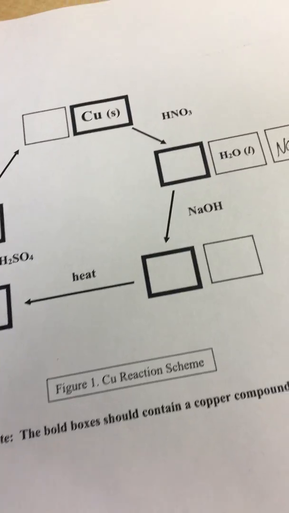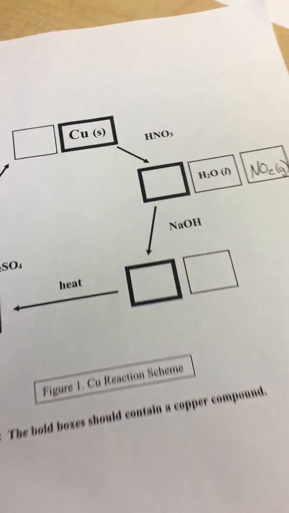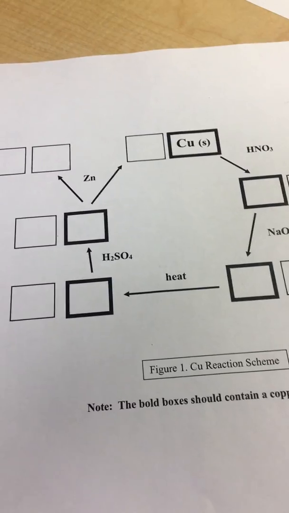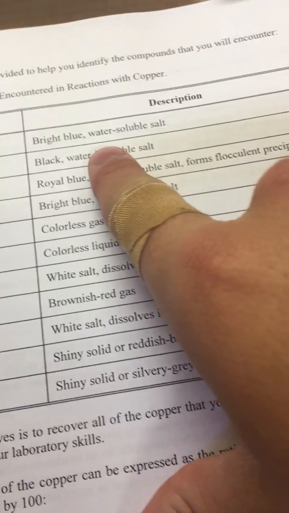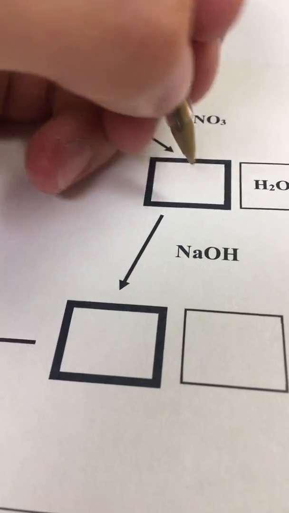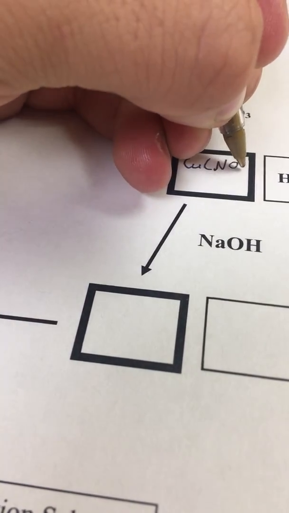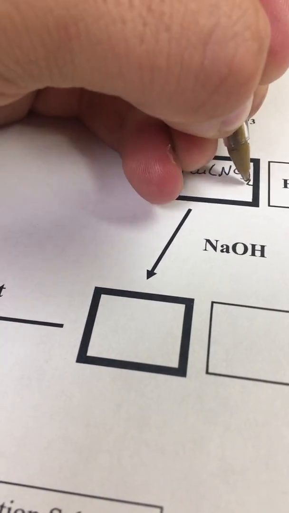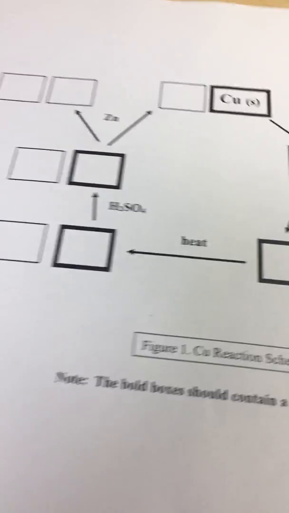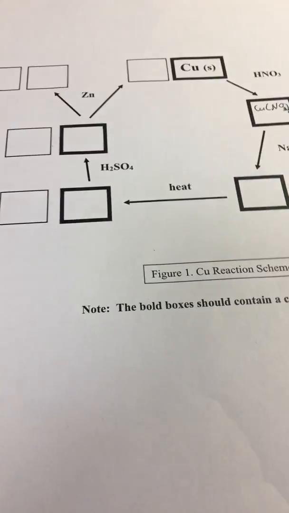And then what we got was, for the copper, it would be Cu(NO3)2 because it's a bright blue water-soluble salt, which is aqueous. So right here we would put Cu(NO3)2, and this was aqueous. I forgot to write that.